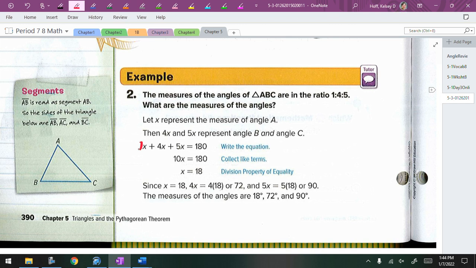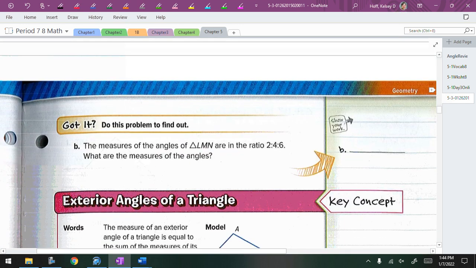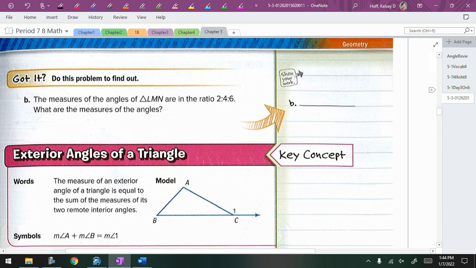Okay, let's try this. Top of 391. Got it, B. The measures of the angles of triangle LMN are in the ratio 2:4:6. What are the measures of the angles?